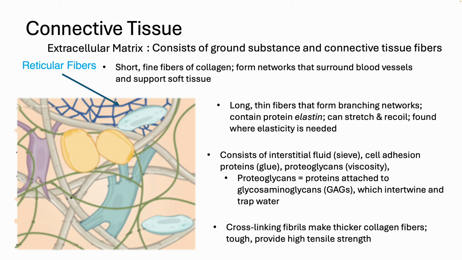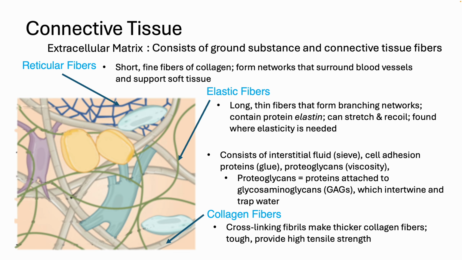Reticulated means network, so a reticular fiber is going to be the network of fibers. There are the collagen fibers, which tend to be thicker. They are going to be tough and provide high tensile strength, in part due to the fact that they are thicker and also that they form cross-links.